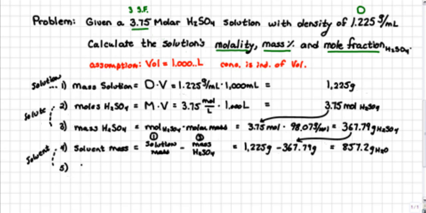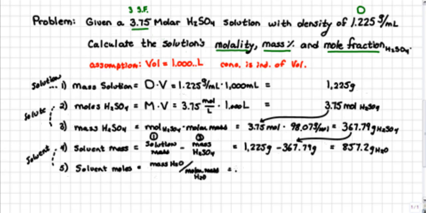All right, step number 5, we would like to know what are the solvent moles. And the solvent moles, that's just a matter of using the molar mass again. In this case, the solvent is water, and so we'll want to know the mass of the water, which we have from step 4, and we'll divide by the molar mass of water, which we can get from the periodic table.